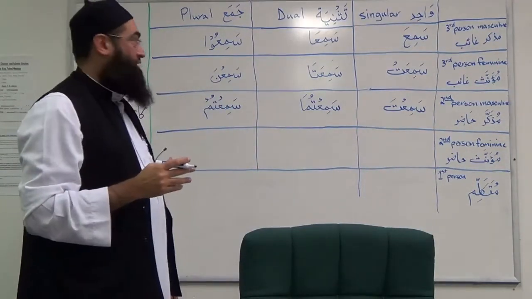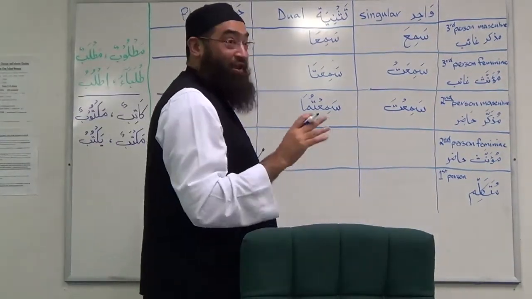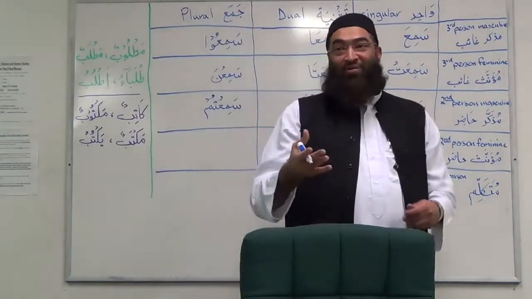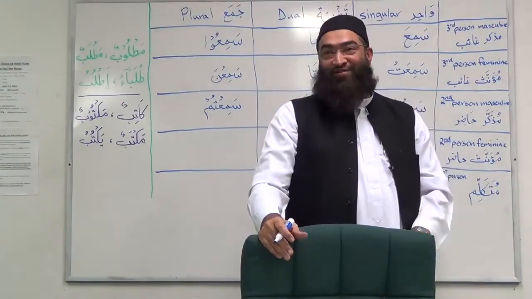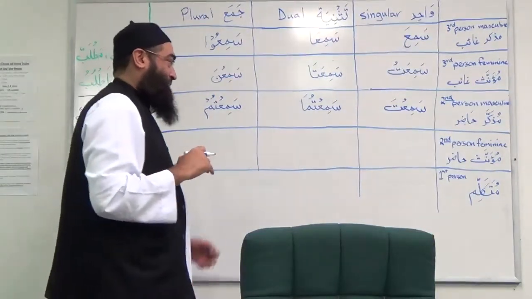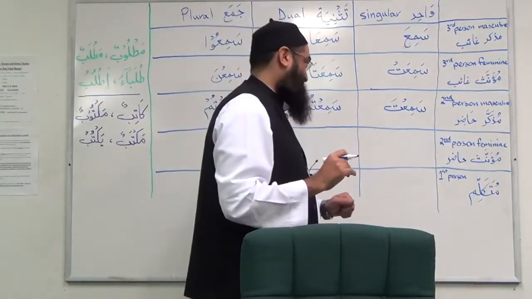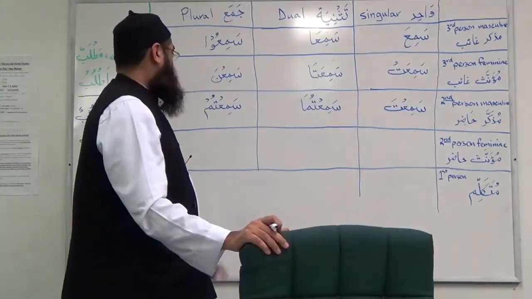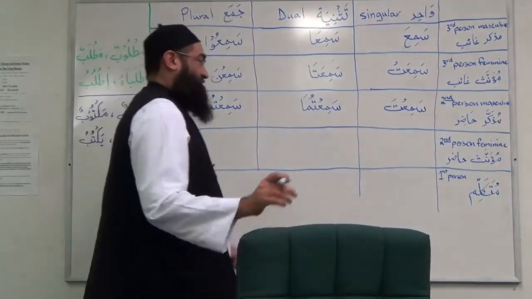I'm doing the work, right? But I'm getting the most reward. If somebody from you teaches it to somebody else, this is my sadaqah jariyah. So you have to teach it to your children, inshallah. May Allah bless you with tons of children, and grandchildren. Some of us are in that age. Alright, سمعت سمعتما سمعتم.